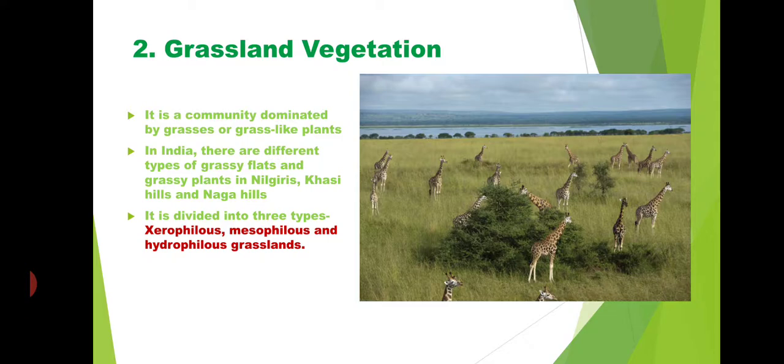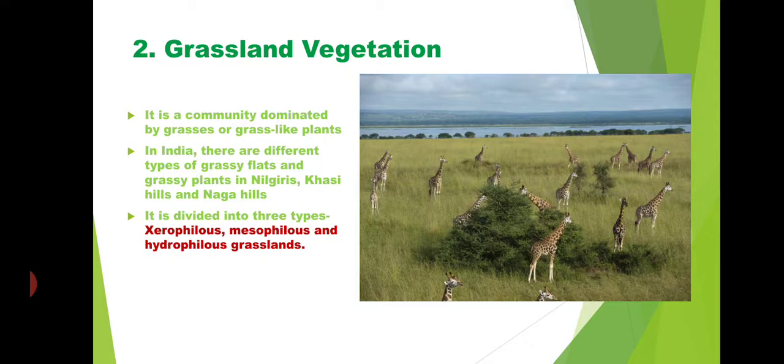If we completely utilize the evergreen forest and cut the trees, we are changing the evergreen forest area into a grassland, but that is not a natural grassland. Naturally occurring grasslands we can see in three areas in our country: the Nilgiris, Khasi hills and Naga hills.